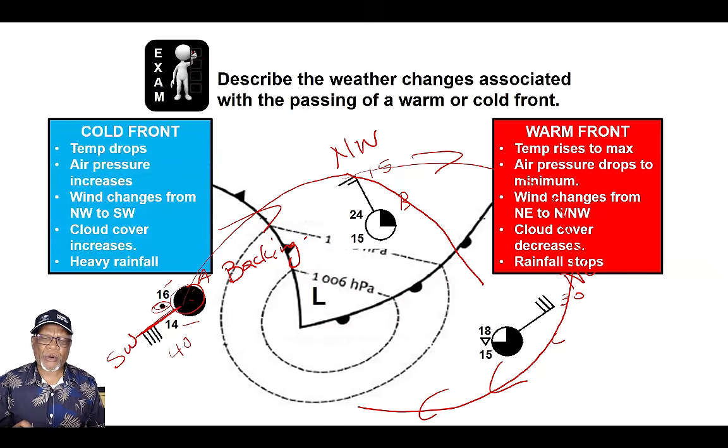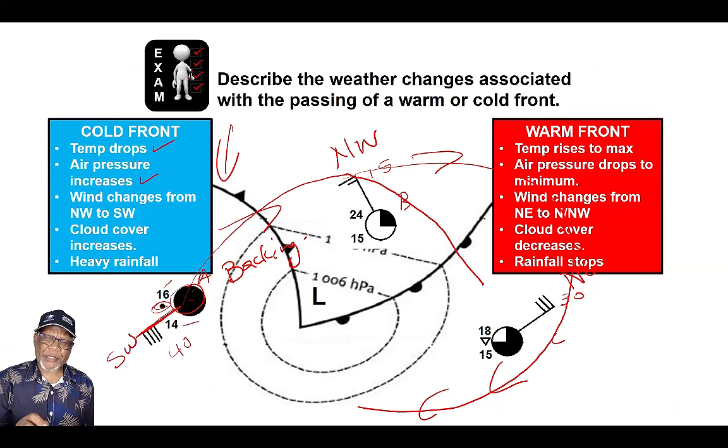Now, what happens when the cold front comes? Temperature will drop. When temperature drops, air pressure is going to increase. What makes the air pressure increase when the temperature drops is that cold air is heavy. Because it is heavier and denser, what is it going to do? It is going to subside, and when it subsides, it creates higher pressure.